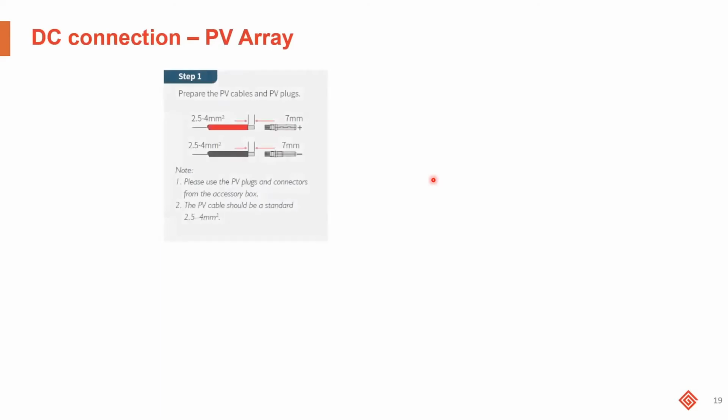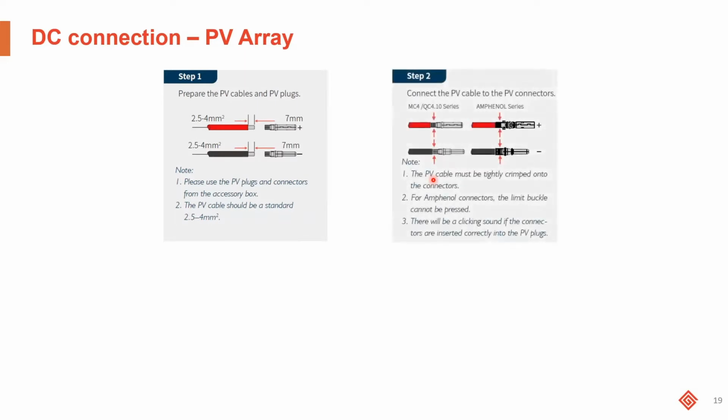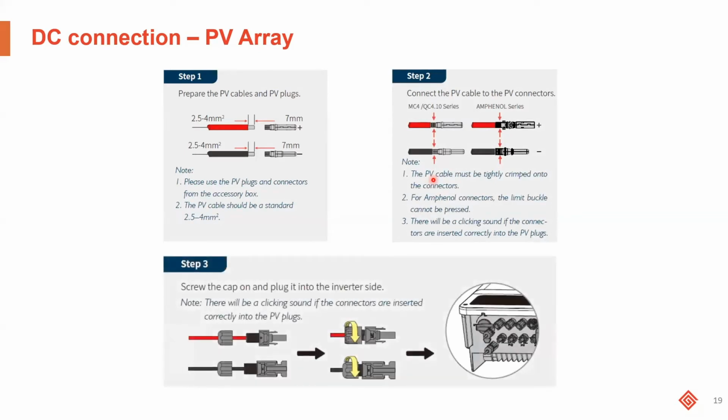Going into the PV array connection, most of you will already know how to strip and connect MC4 connectors onto a cable, so I don't really need to go too much into detail on how to connect the MC4 connectors.